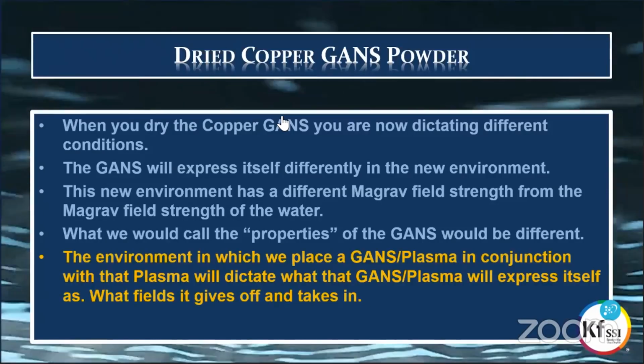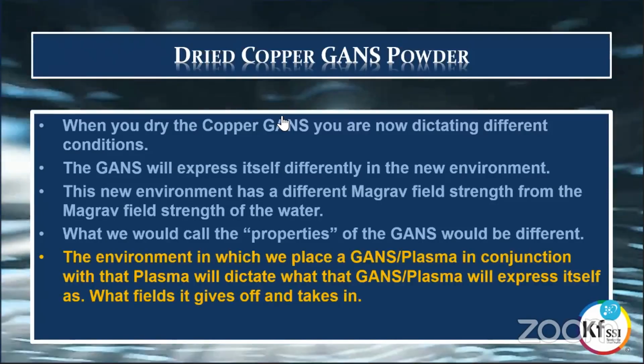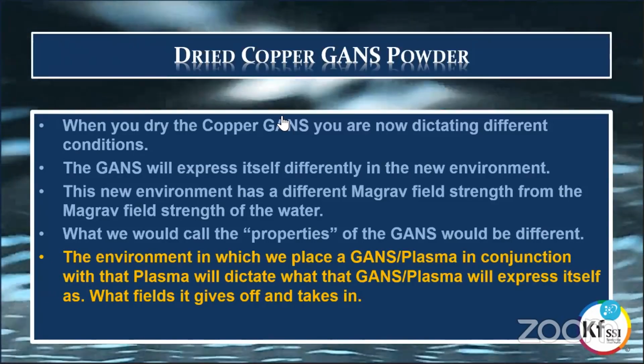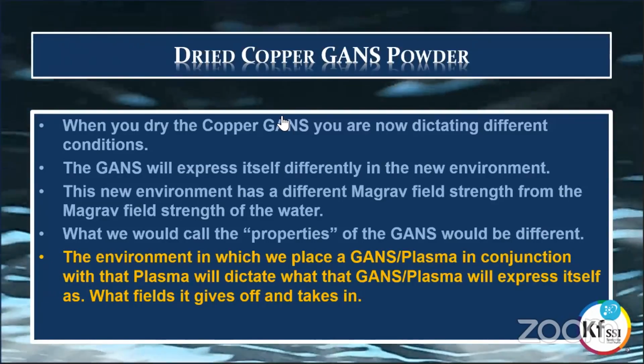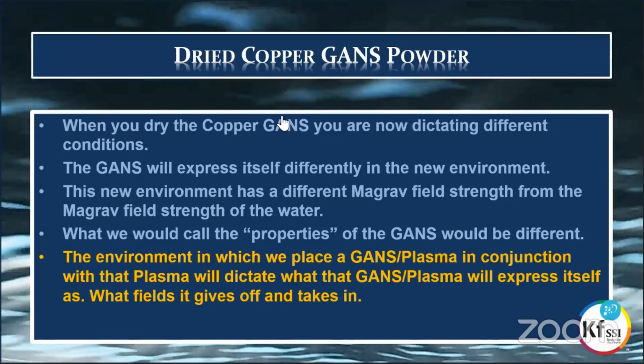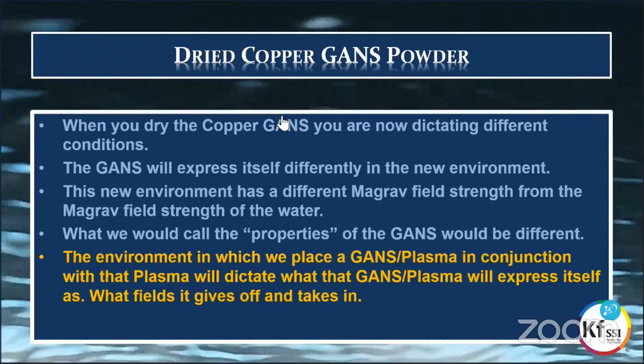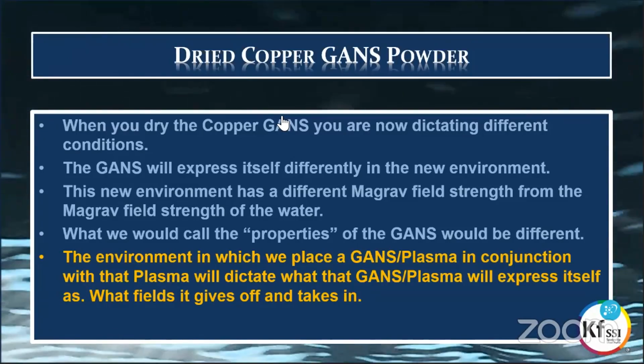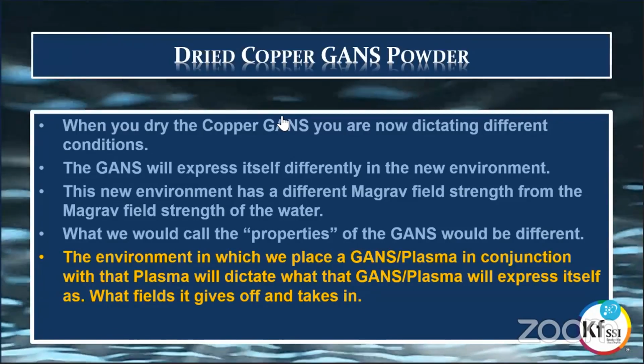An important point to remember here is that it's the environment in which we place our GaNs, or the plasma, in conjunction with that plasma itself, that will dictate what the plasma expresses itself as, what fields it gives off and takes in.